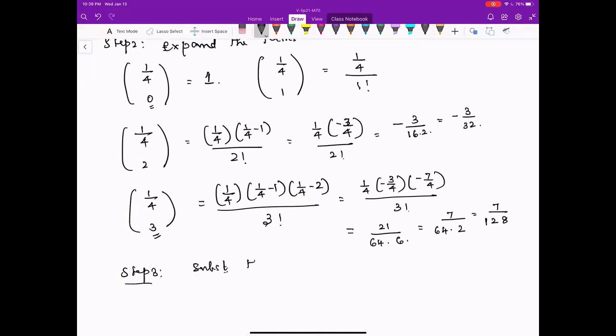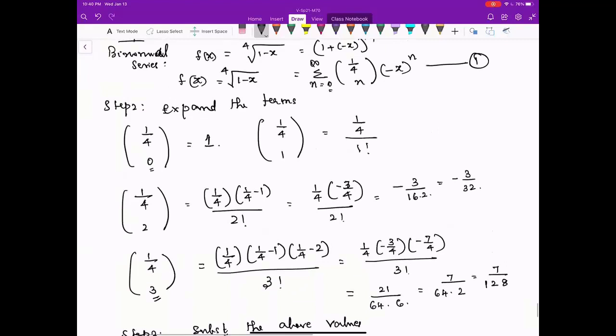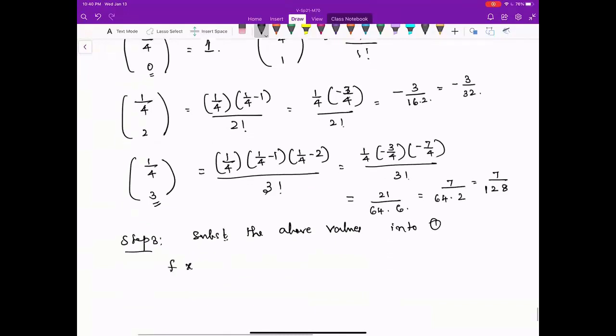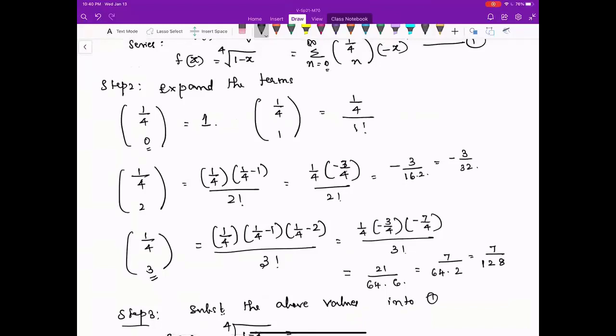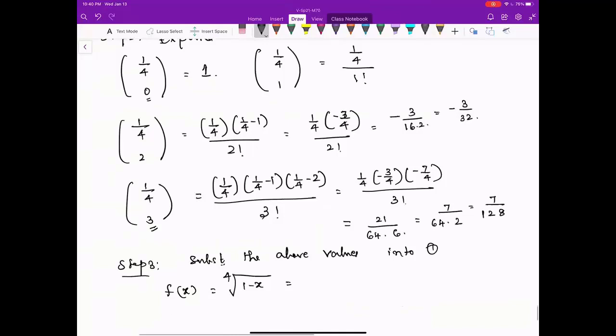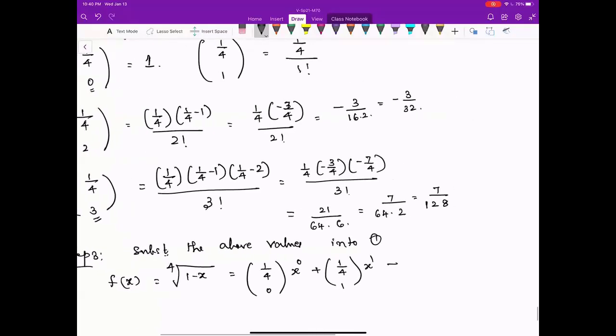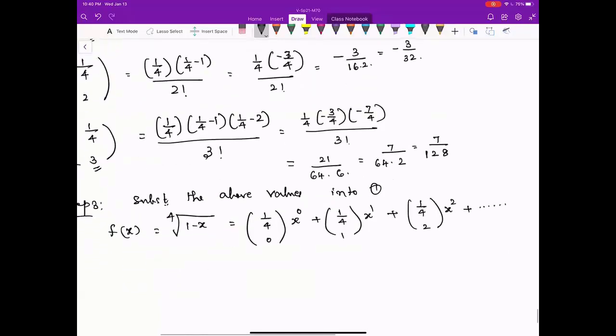Substitute these values into step 1. So we get f of x, the fourth root of 1 minus x, which, if I go back to this step and write it in expanded form, will be 1/4 chosen at 0, x to the power 0, plus 1/4 chosen at 1, x to the power 1, plus 1/4 chosen at 2, x squared, and it goes on like that.